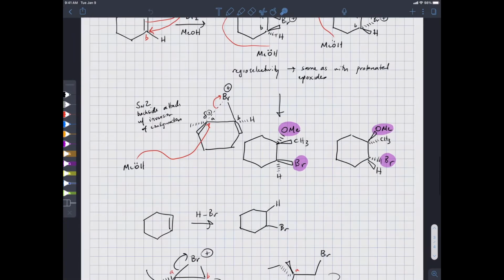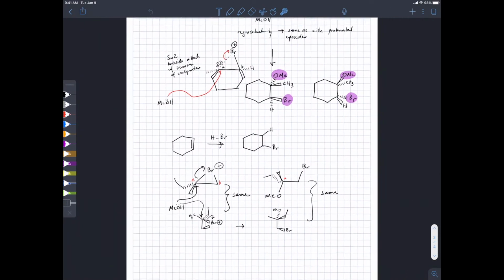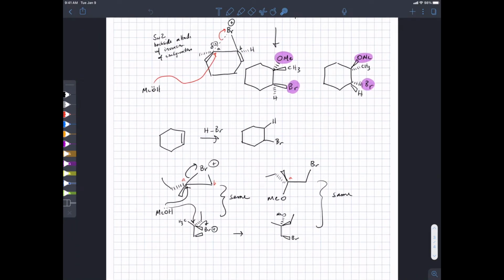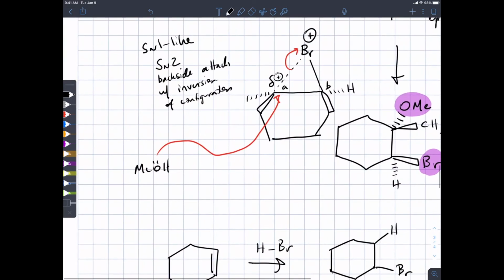It's exactly the same thing going on here. We'll call it an SN1-like SN2 reaction in the sense that you get regioselectivity for the more substituted carbon, but it's SN2-like because you get backside attack. So this occupies sort of a space in the messy middle between SN1 and SN2.